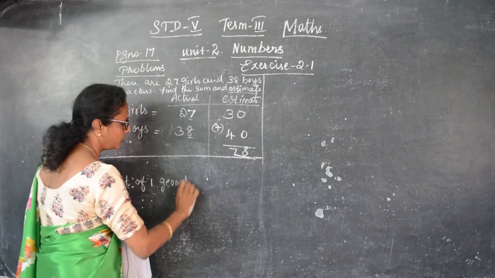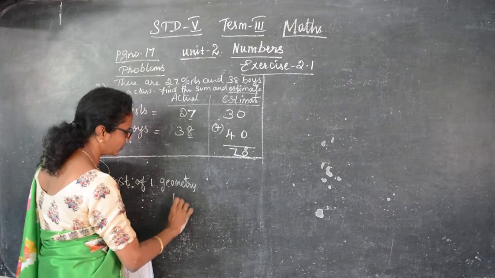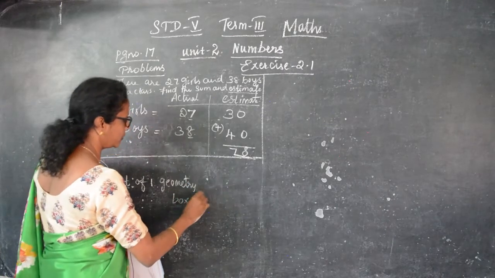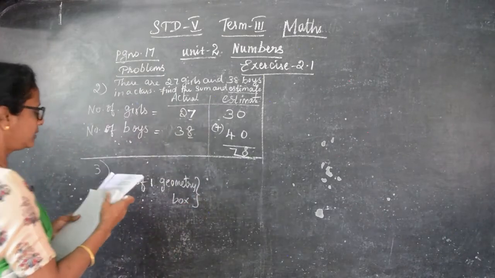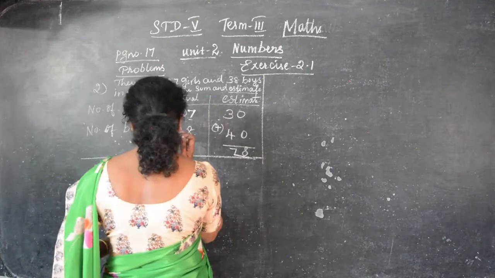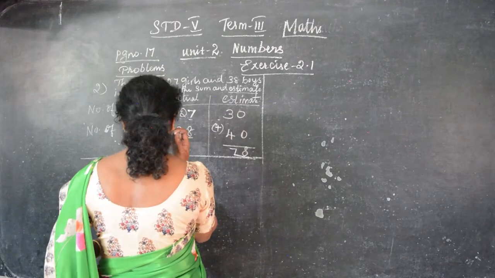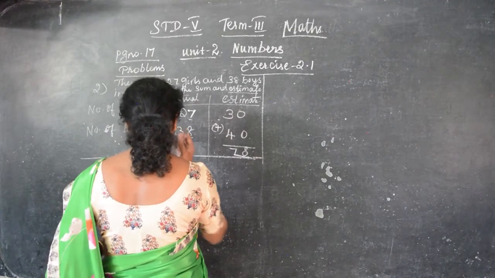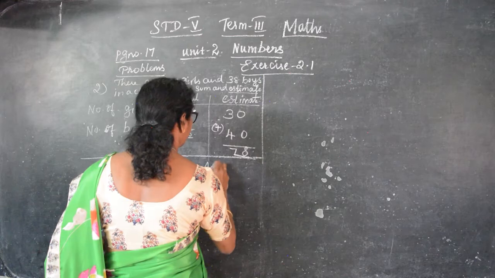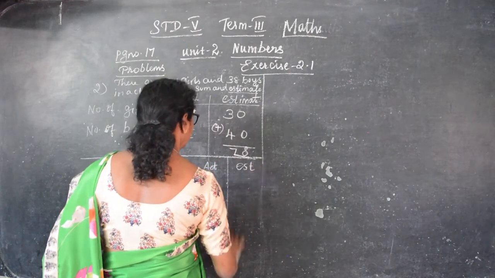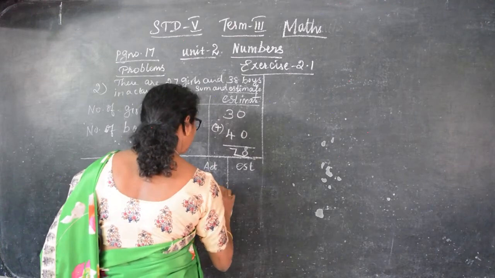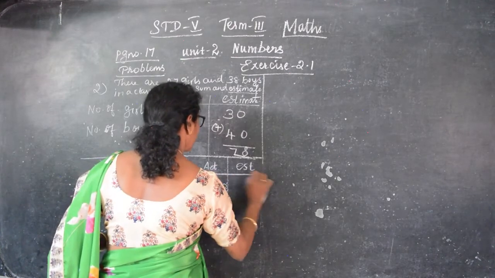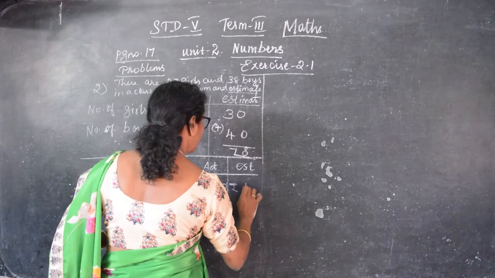One geometry box is equal to how much? Actual and estimate. So actual is how much the geometry box costs: rupees 53. Estimation is rupees 50.